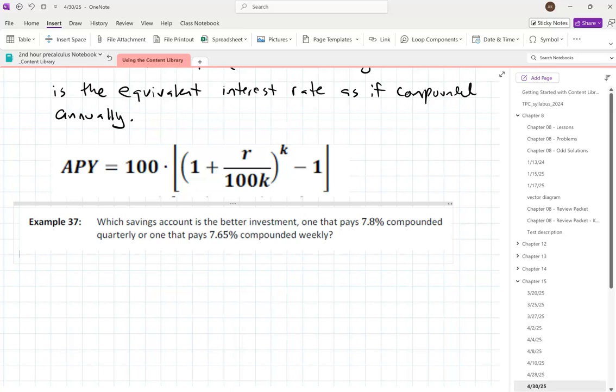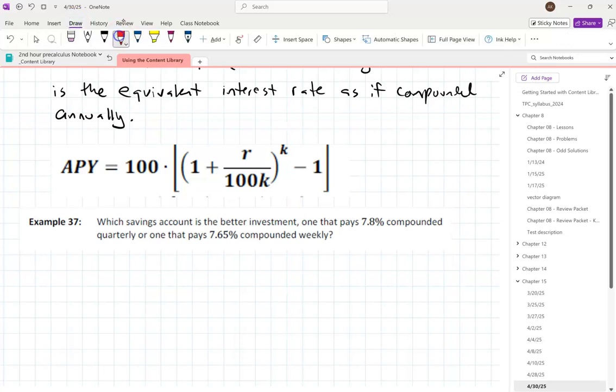So with this APY, we can answer questions like the following. Which investment is better, one that pays 7.8% compounded quarterly or one that pays 7.65% compounded weekly?